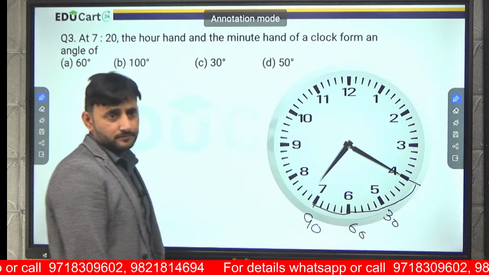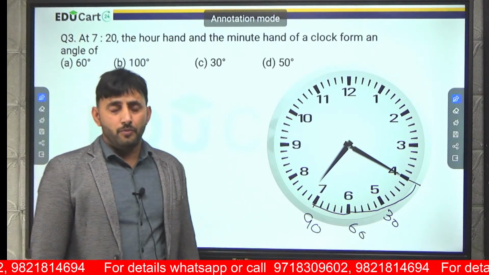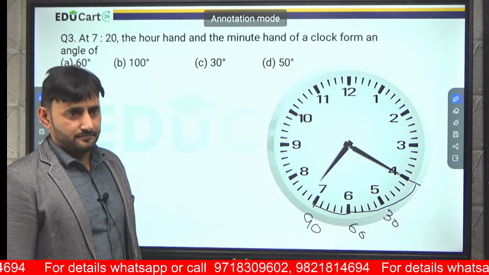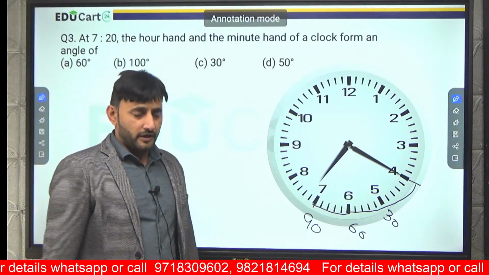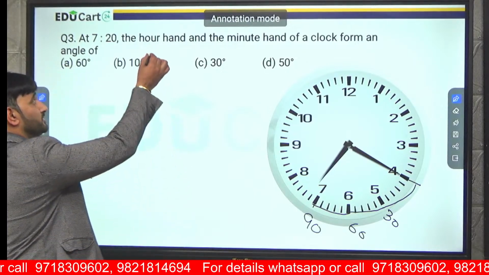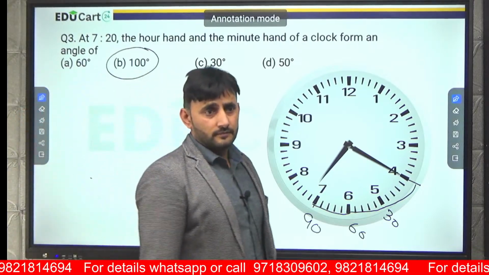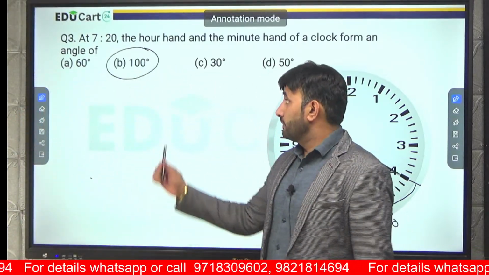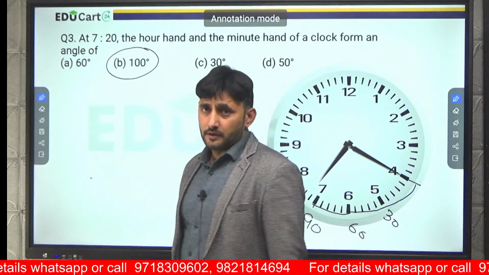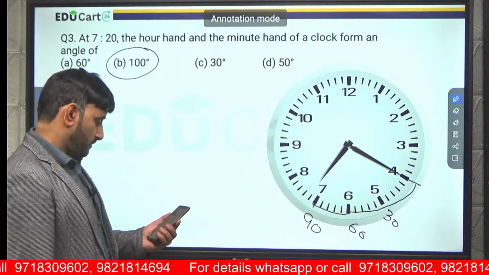And the hour hand is slightly ahead of 7. So will the answer be more than 90 or less than 90? Very good. It has to be more than 90 degree. And if you look at the options, this is the only possible choice. Clear, children? The only possible answer is 100 degree. Okay? Let's move ahead.